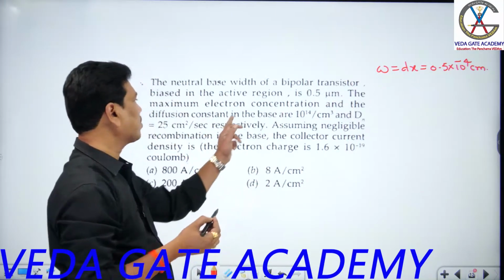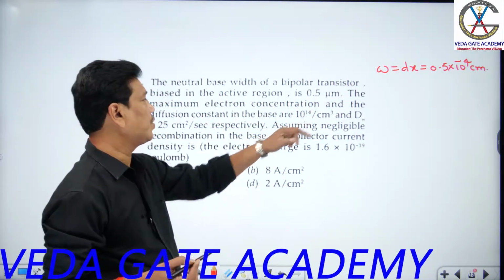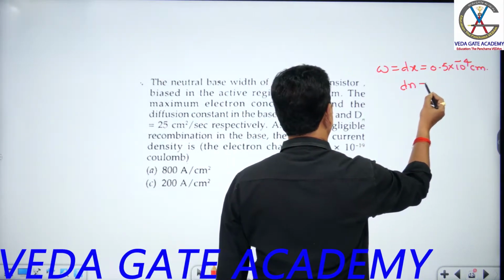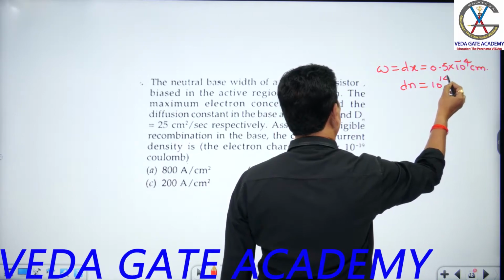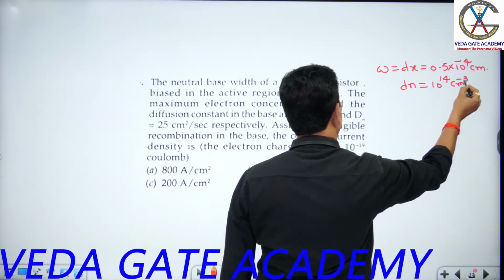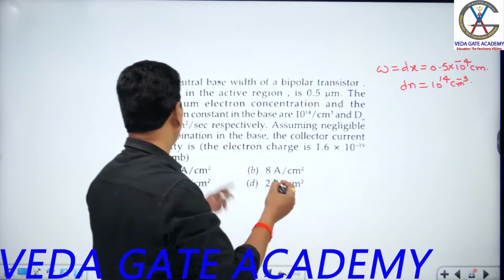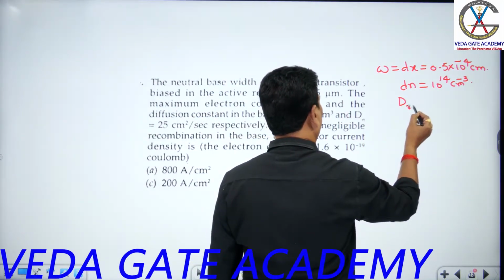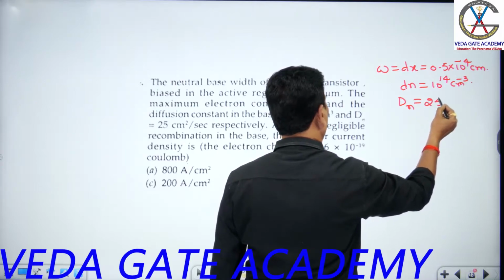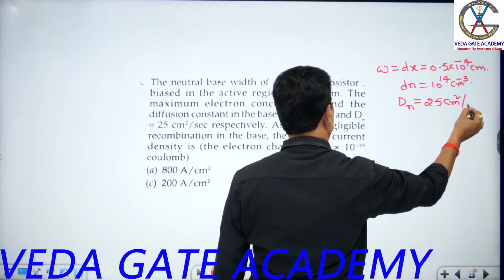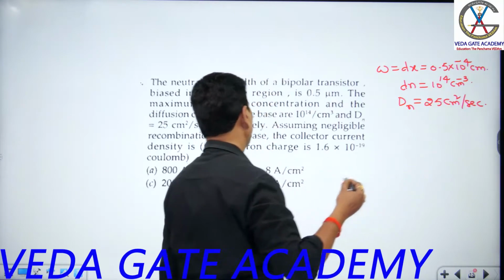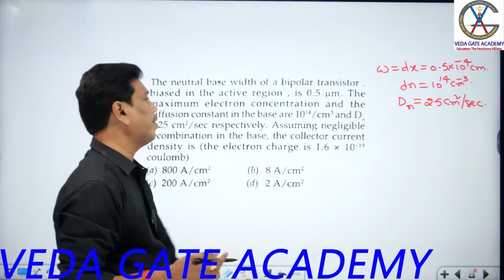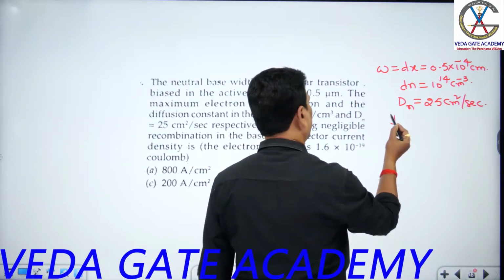The maximum electron concentration is 10 power 14 per centimeter cube, so I can call that dn, 10 power 14 per centimeter cube. And the diffusion constant is Dn equal to 25 centimeter square per second, students. Assuming negligible recombination in the base, the collector current density JC is asked, students.